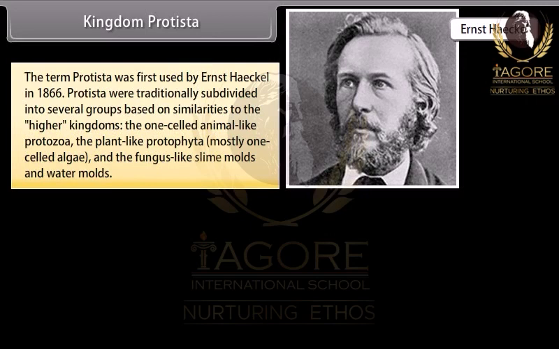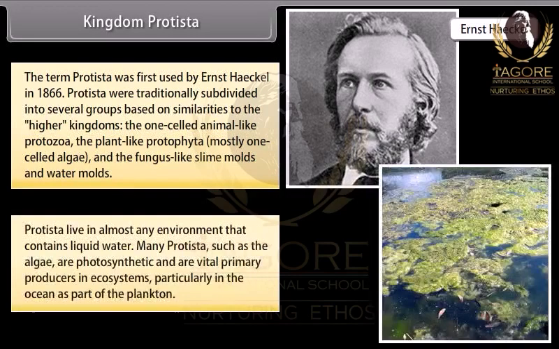Protista were traditionally subdivided into several groups based on similarities to the higher kingdoms: the one-celled animal-like protozoa, the plant-like protophyta, mostly one-celled algae, and the fungus-like slime molds and water molds. Protista live in almost any environment that contains liquid water.